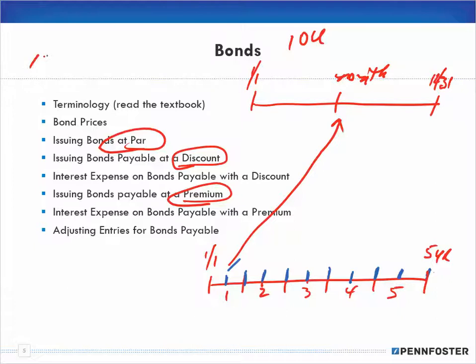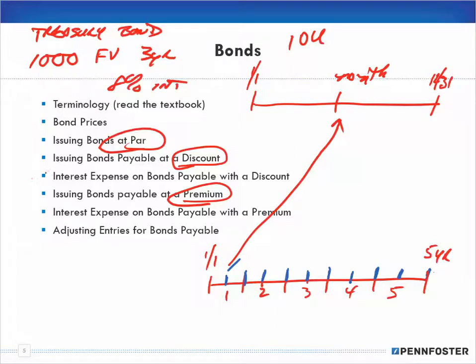If I have this $1,000 bond at face value for 30 years, because it's a Treasury bond, at 8% interest, I can go into the bank and buy that Treasury bond. Well, the government can put that out on the secondary market, the secondary market meaning the bond market.